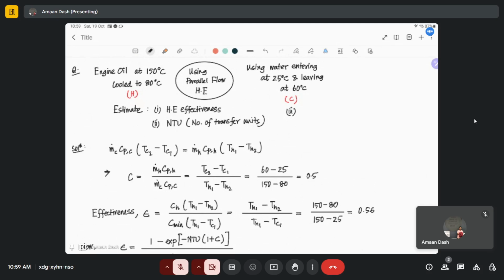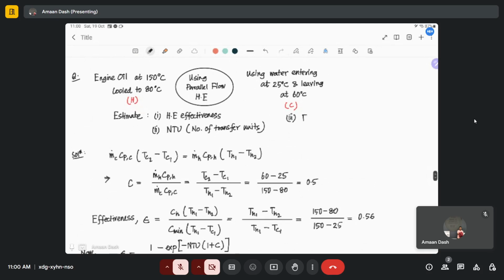Let's say the fluid flow rate and the inlet conditions remain unchanged. Then what will be the lowest temperature?